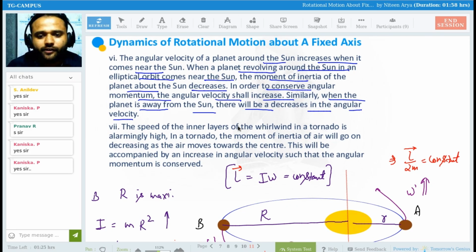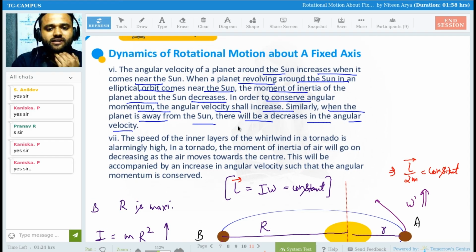The speed of the inner layer of wind in a tornado is alarmingly high. In a tornado, the moment of inertia of air will go on decreasing as the air moves towards the center. The same thing is written over here. Just take a tornado as an example in your head. A tornado looks like a V or cone shape.